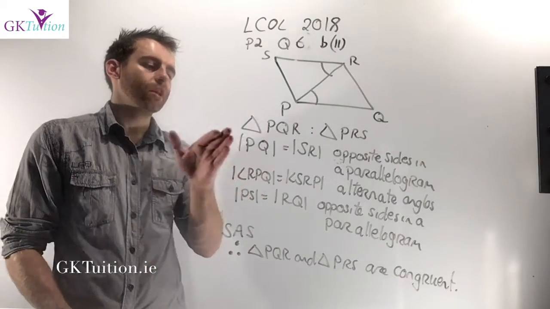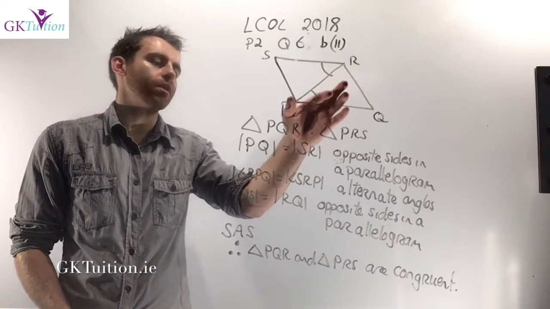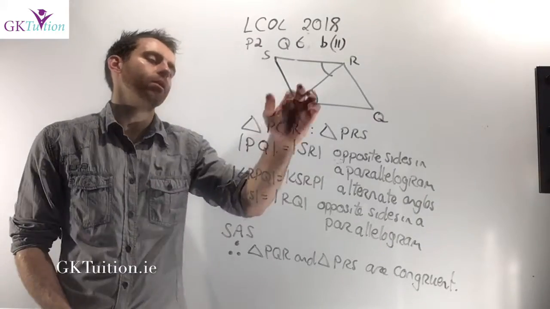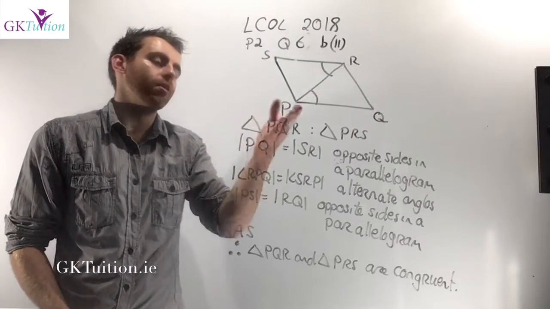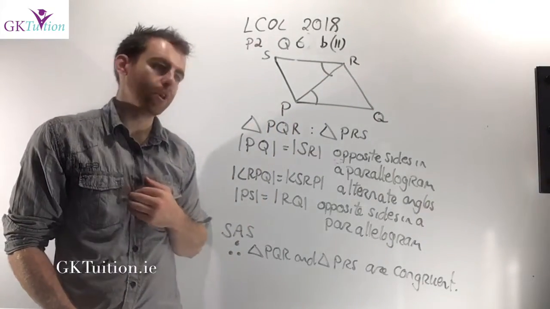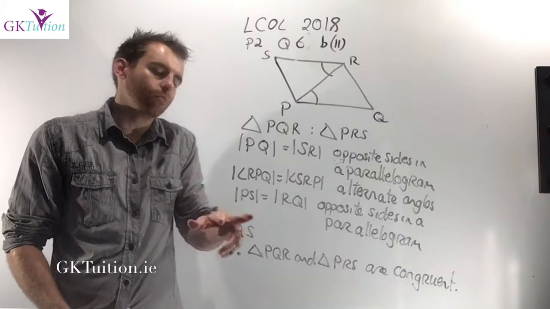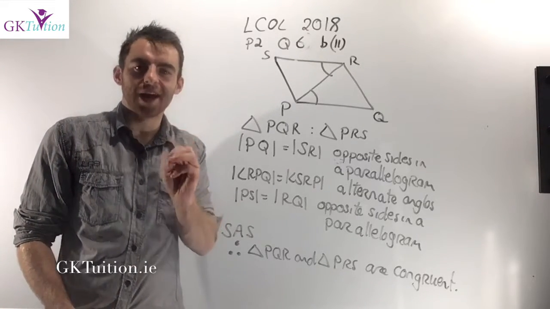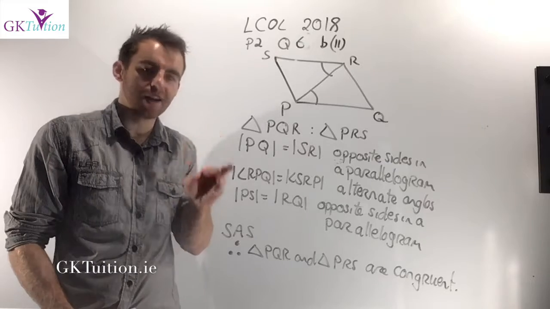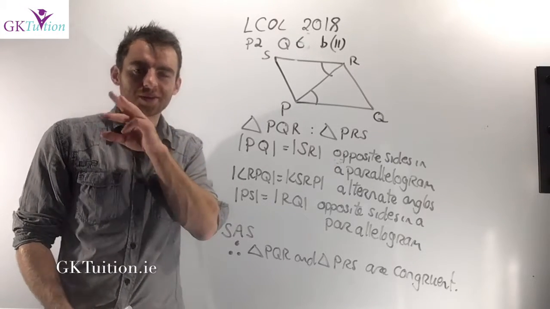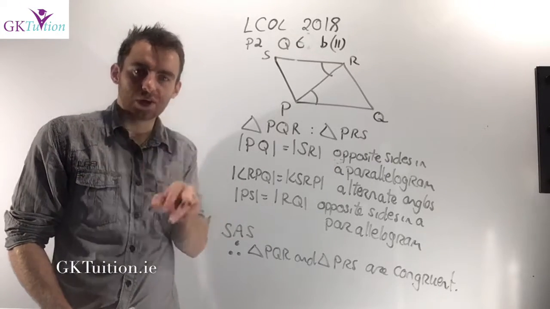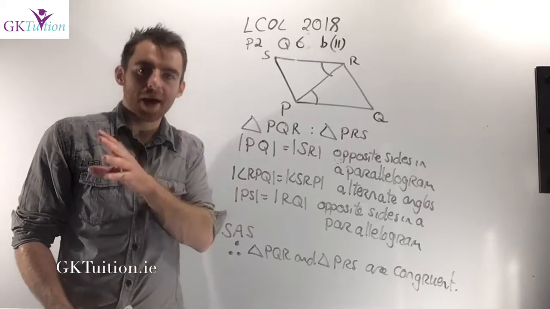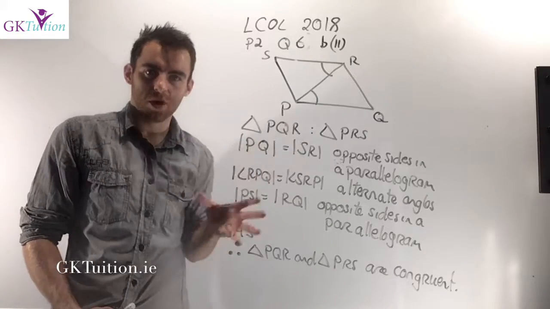What you need to do is prove that there's three things in the triangle PRQ that are equal to three things in the triangle PRS. So if I can prove they have two sides and an angle that are equal, or two angles and a side that are equal, or three sides that are equal, then that means they must be congruent.